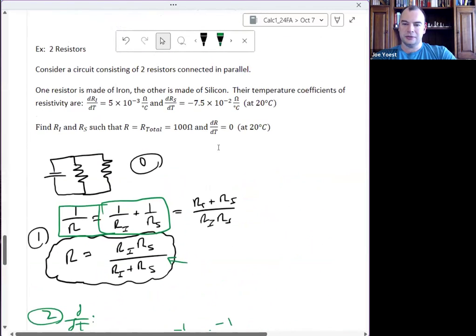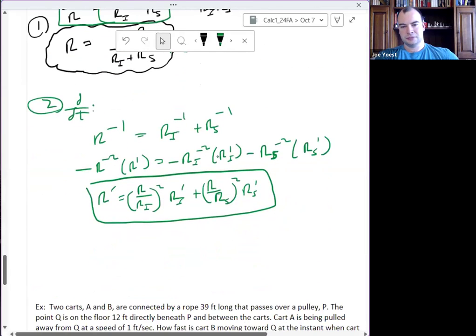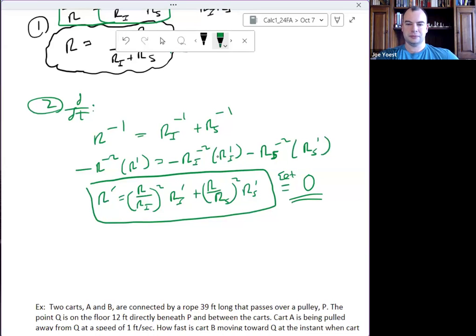And now my goal here, as far as the derivative is concerned, is for this to be 0. So I'm going to set this equal to 0.